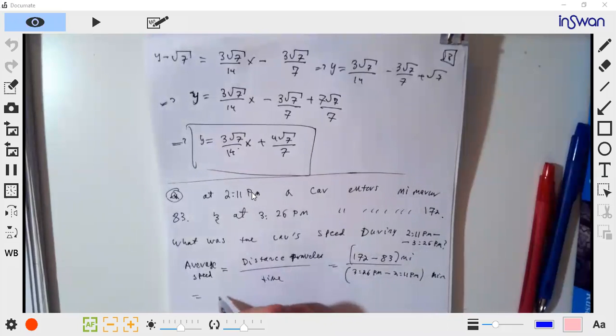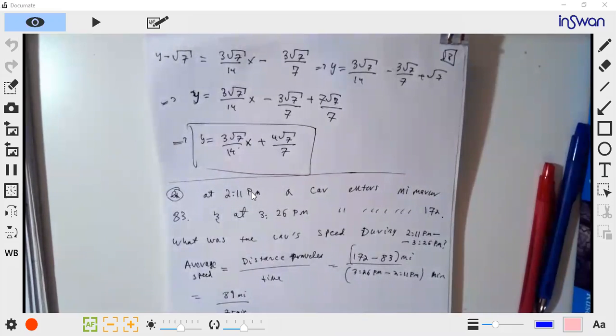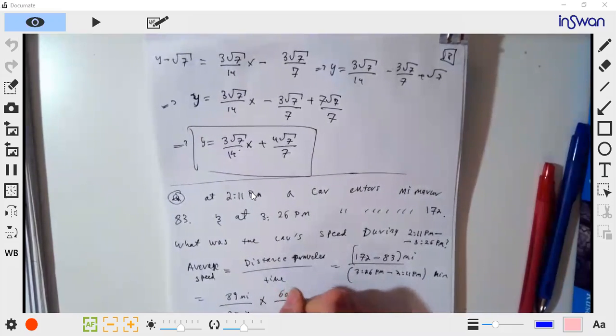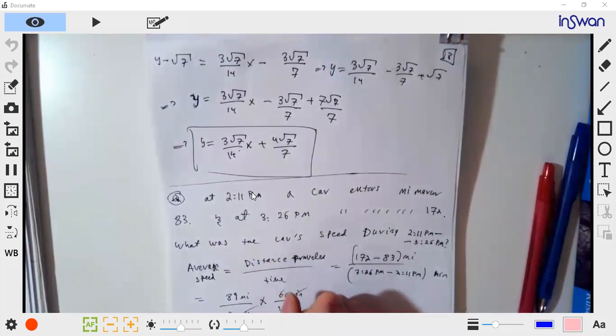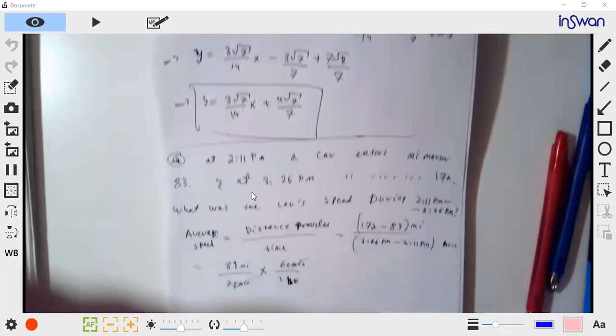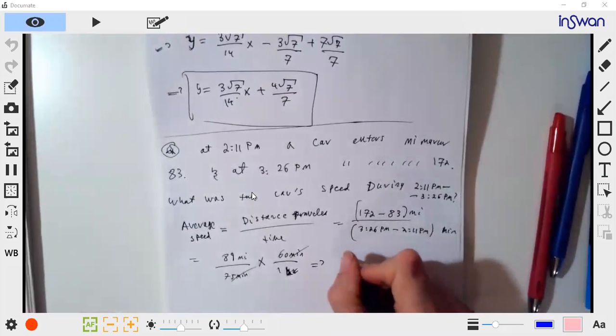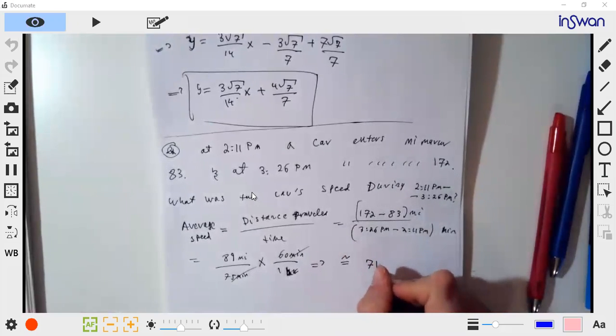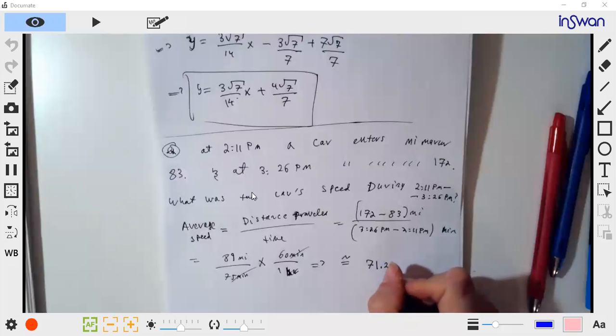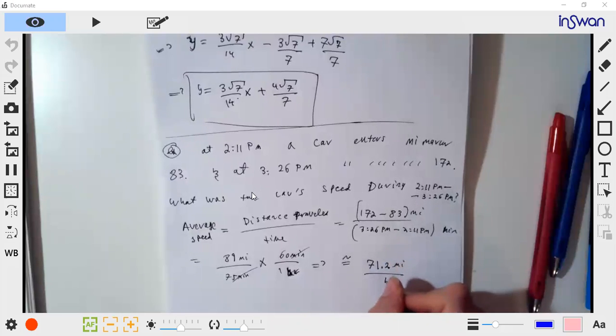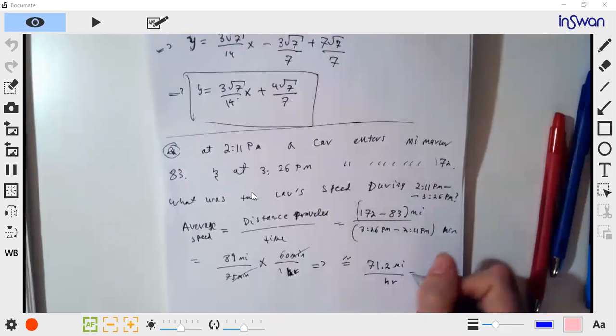So this ends up giving us 89 miles per 75 minutes. And let's say we want it in miles per hour. So we do a conversion that in 60 minutes, we have 1 hour. So that implies that this gives us an approximate average speed of 71.2 miles per hour. This is the average speed.